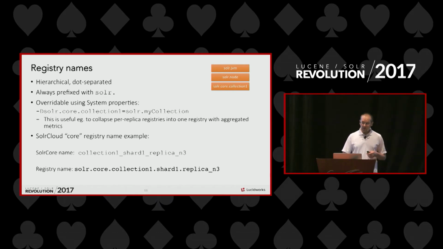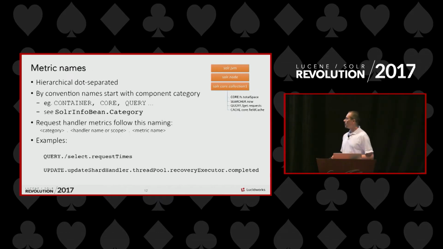So within these registries, we have groups of metrics. Metric names are arbitrary, but by convention, they are constructed in a hierarchical way using dot-separated notation. For example, request handler metrics strictly follow this naming: they begin with a category, which is one of the Solr InfoBean category names.